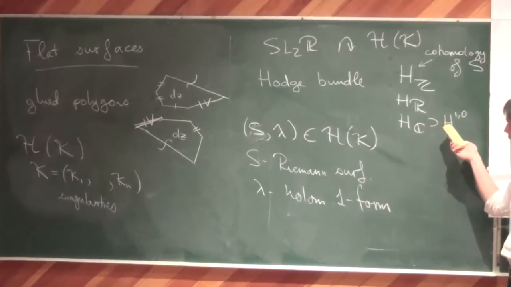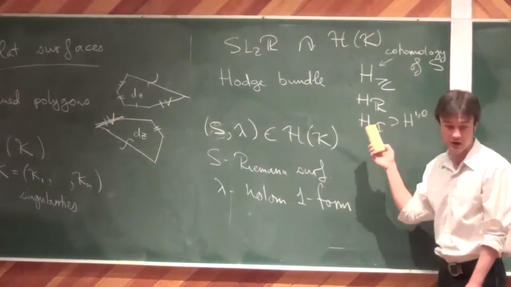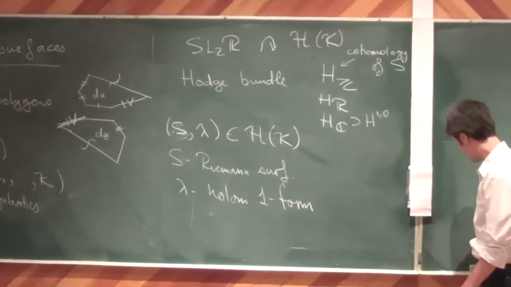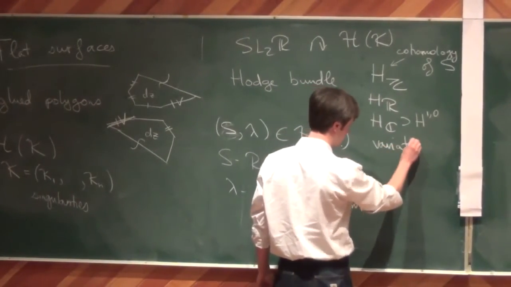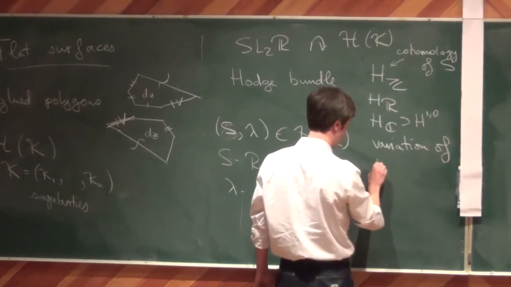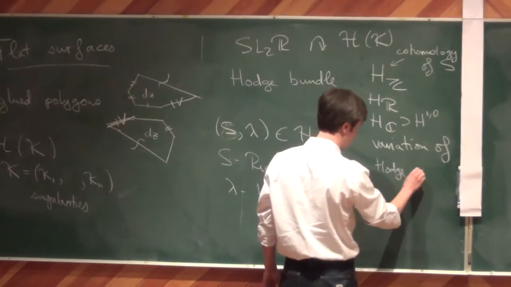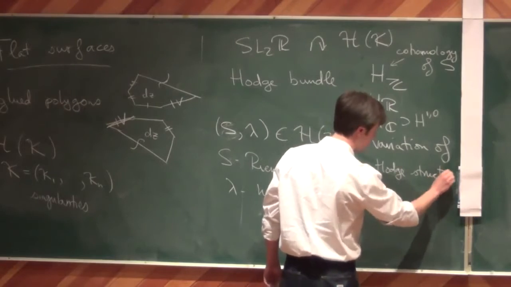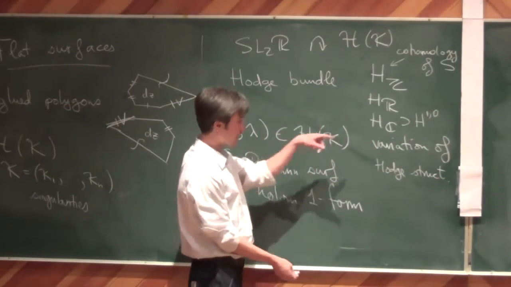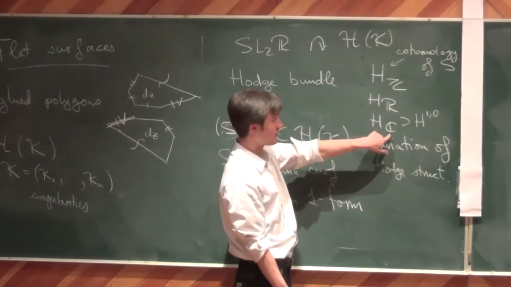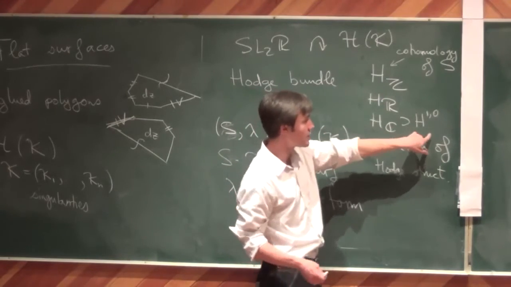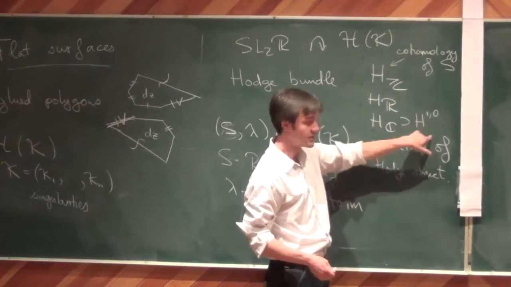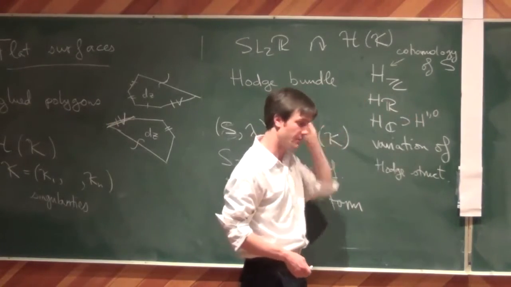This is a subspace, which again is moving in a very interesting way. So it forms what people call a variation of Hodge structure. What this literally means is that you have a bundle which has this local identification between the fibers, and inside of it you have this moving subspace which is moving in some interesting way.